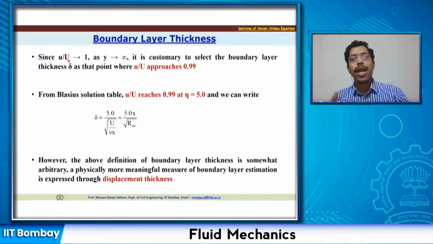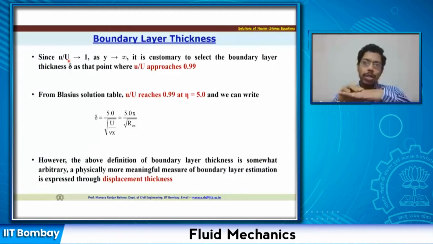Alright, and based on the Blasius solution, we have already seen that u by U reaches 0.99 for a value of eta equals 5.0. Eta is what? y by delta. So we know y is the distance from the bottom plate towards the boundary layer. So y by delta, where delta is the boundary layer thickness, y by delta equals 5 is going to give us the value of u by U equals 0.99.